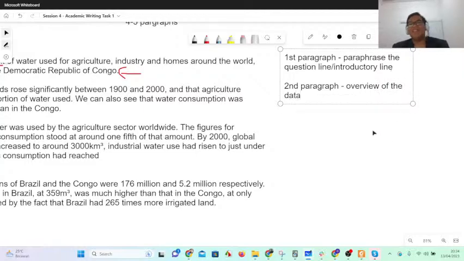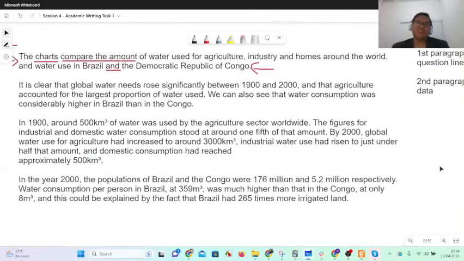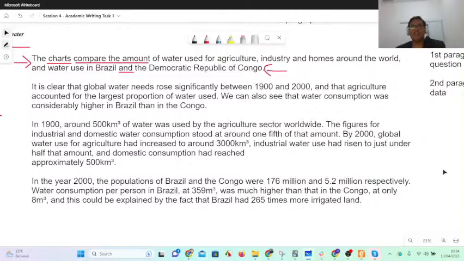Now, what does that mean? It describes just the overall trend. It just describes the significant trend, of course. Like I said at the beginning, when you're planning the data, only highlight the significant features. So in the second paragraph, we're just writing that trend.